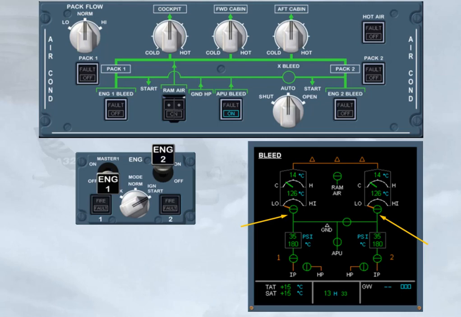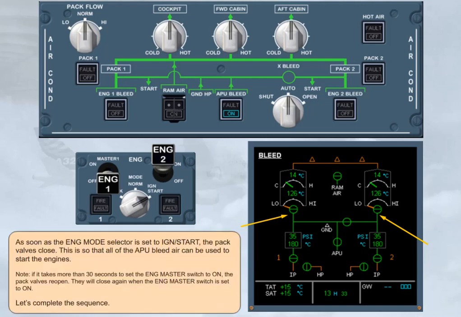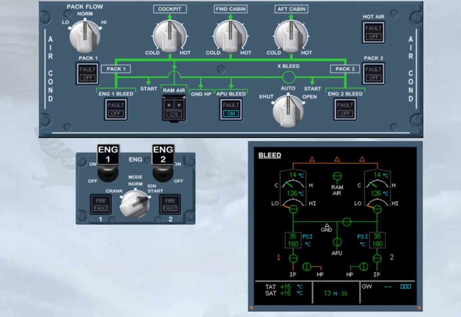Let's complete the sequence. 30 seconds after the engine starting sequence is completed, or when the engine mode selector is set back to normal, the pack valves open, and the APU bleed supplies the packs.